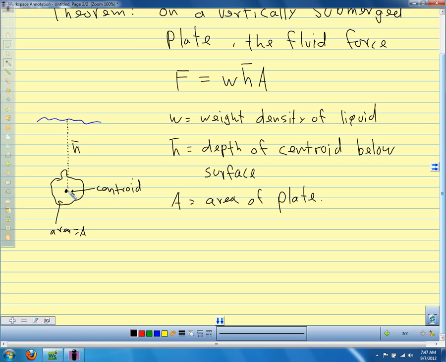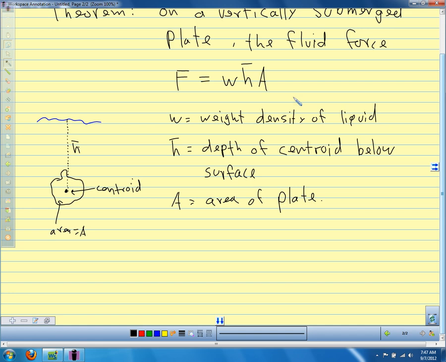So we can calculate the area without a lot of work, and we can find the fluid force on that plate very easily. If our region is more complicated, often it can be as complicated to find the centroid of the region as it is to calculate the fluid force the way we've been doing it.